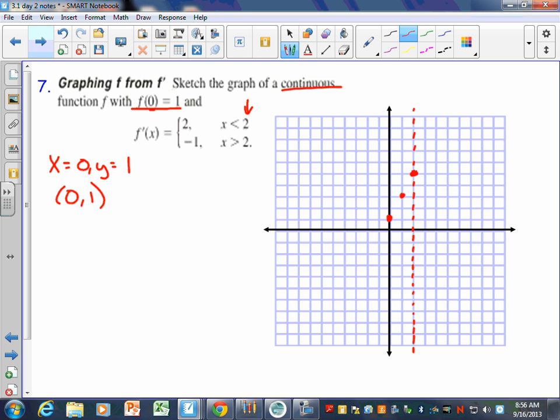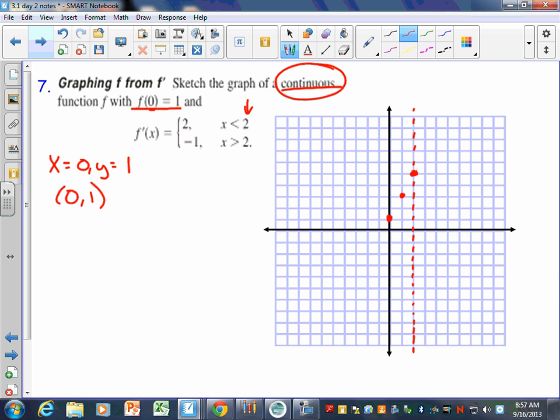Now to the right of this, what do we know our slope is? -1. You might say, well, how do I know where to make that slope of -1? It's continuous, which means where does the slope of -1 have to start? Can I start down here at -1? That would not be continuous anymore, right? I'd have a gap.